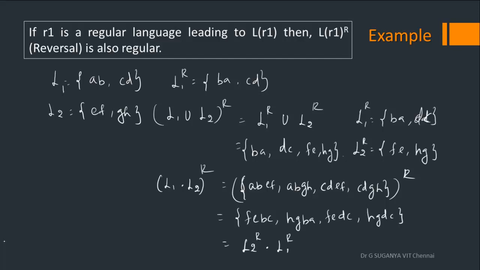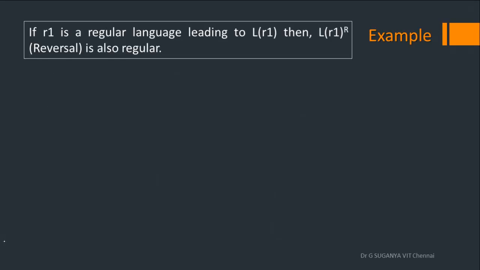Similarly, let us apply it for the third operation. What is the third operation? Yes, L1 is equal to AB, CD. Let's say, what is L1 star, the application of Kleene closure, and its reversal? So what to do? We have to take the reverse of this. It will be BA and then DC.